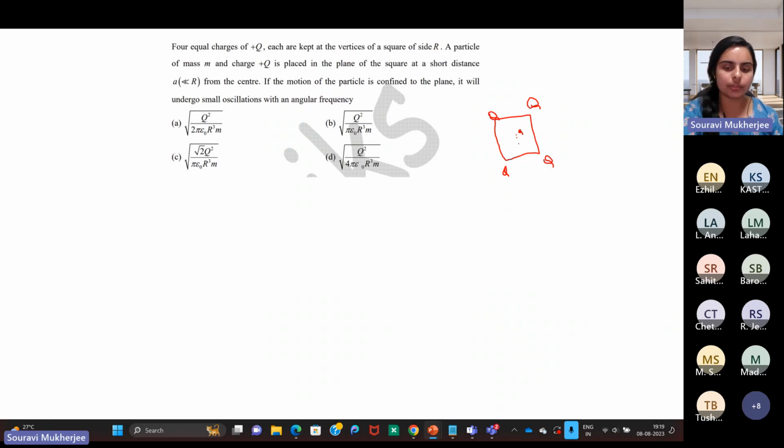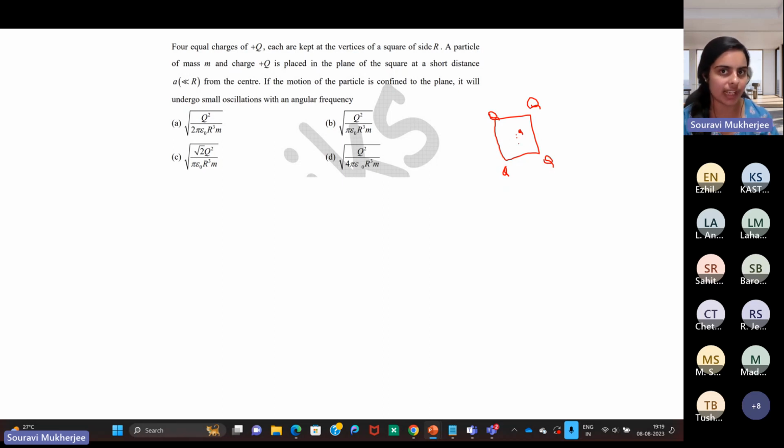This is your distance from the center as given here, a. So now if the force has an expression of something like k into a, where k is some constant, then it is similar to a simple harmonic oscillation, right? F equal to kx kind of expression. So there k can be written as omega square, where omega is your angular frequency, right?